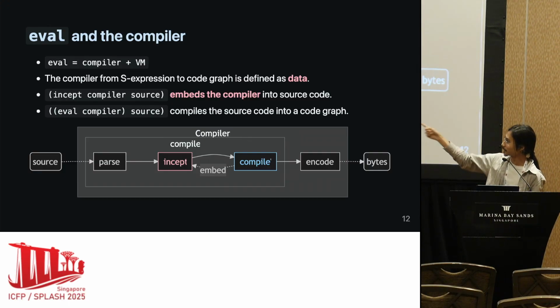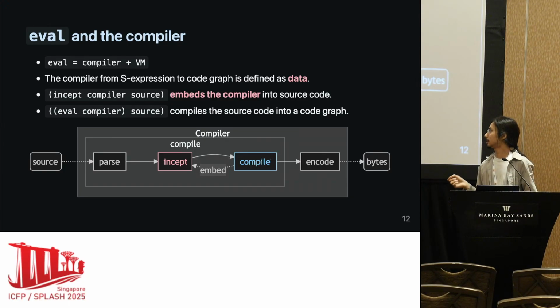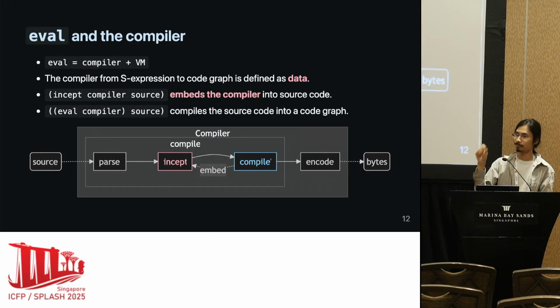And then when you evaluate the compiler variable, you get a compiler function from the expression to the code graph. And when you apply the compiler function to the source code, you get the final code graph. And then you can encode the code graph, and finally you get a byte sequence, something like bytecode.